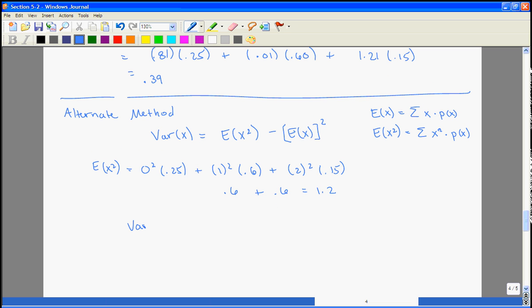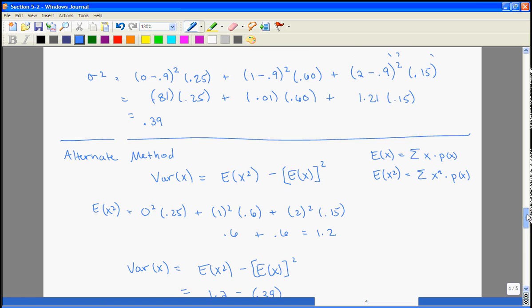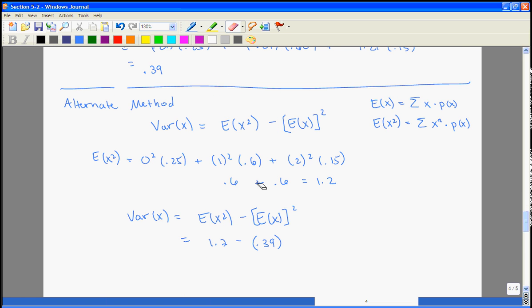Now for the variance, I plug in the pieces that I have. E of x squared I found here is 1.2. E of x we just found up above in the previous step. Remember, that's the mean, so this is 0.9, and it will get squared.